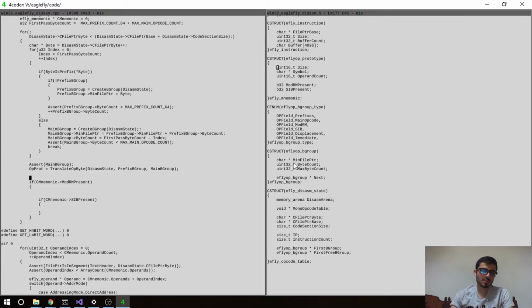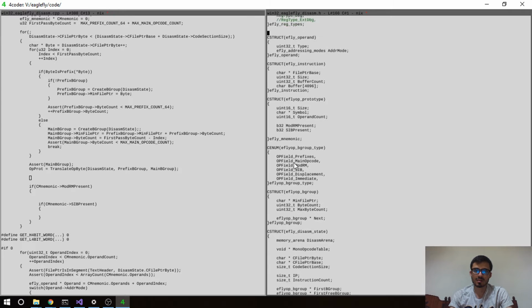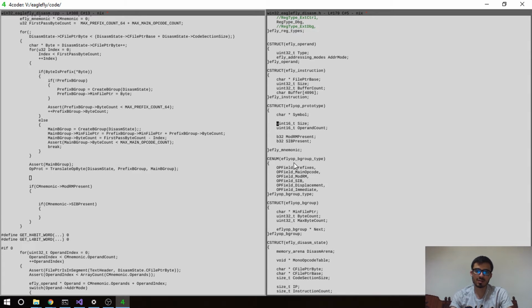So the op prototype pretty much has to have the same idea. Where is it? It's pretty much like saying, well, I'm gonna keep this for the other cases, but we have a B group type, B group, and let me change this a little bit. I'm gonna play around with the thing. Probably the symbol is good.